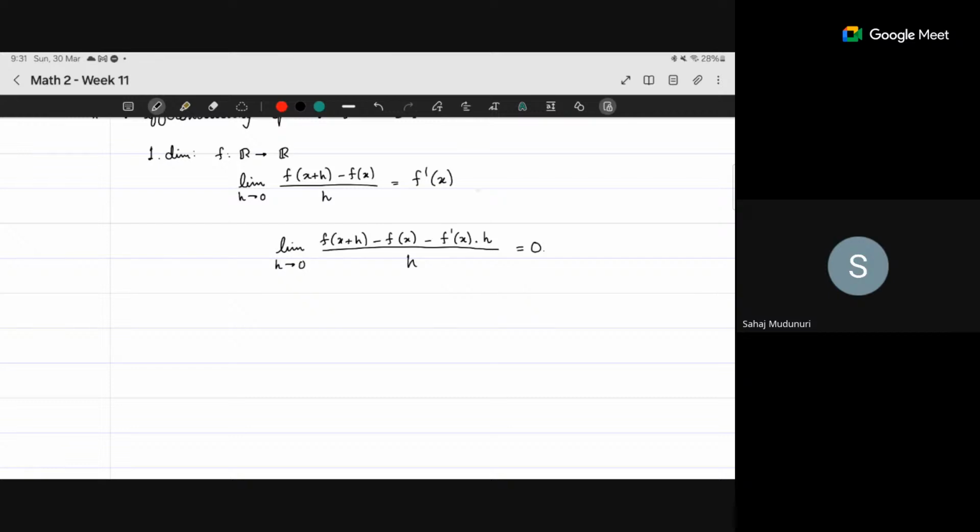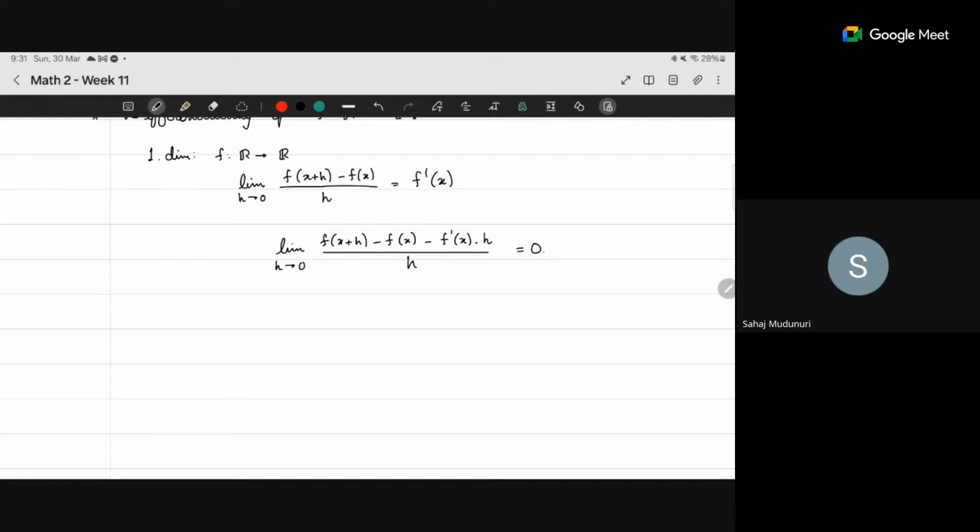Is this clear that this is the same as this? Is it fine? Yes, sir. I just multiplied by h and took it to the other side and then brought it inside the limit because it does not depend on h. So that's all I did.